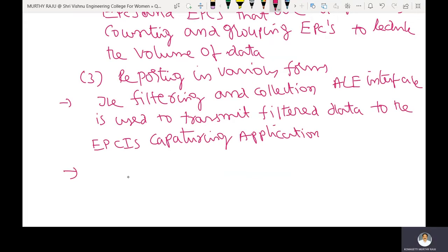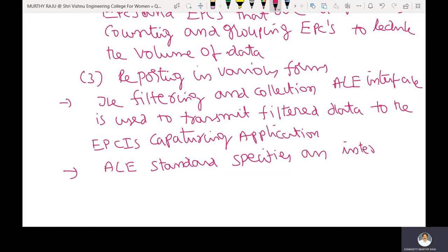Finally, ALE, the Application Level Event standard, specifies an interface through which clients may obtain filtered, consolidated RFID data. Filtered and consolidated. The ALE standard specifies an interface.